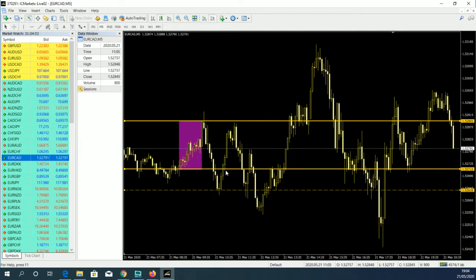It reverses, but it didn't get to your stop loss yet, and it came back. Let's see whether it gives you up to 10 pips. No, it gives you only 8-9 pips. So in this case, you might hit your stop loss here.